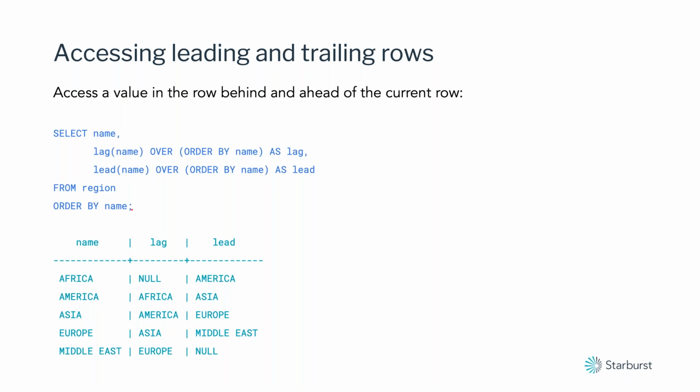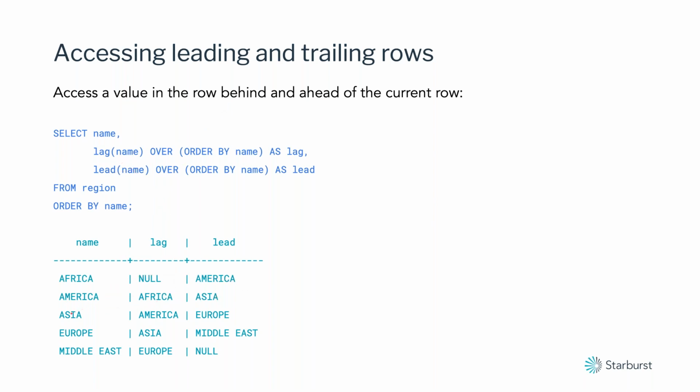So for the America row, what name is behind it in the ordering? If we order the rows by names, and we say, for this row, what row is lagging it, or what row is behind it? The row behind it is Africa, and the row ahead of it, what row is leading it, is Asia.